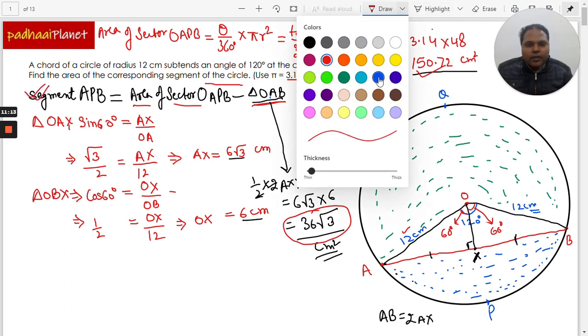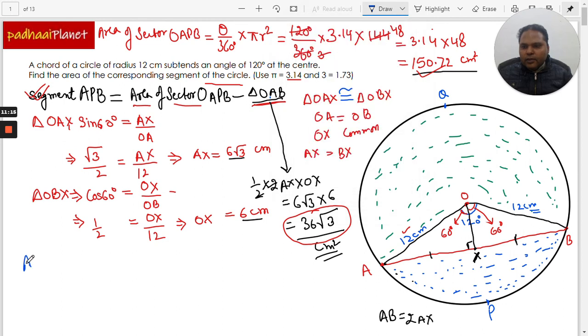So let's put that. So the area of segment APB is equal to the area of the sector, that is 150.72, minus 36 root 3.